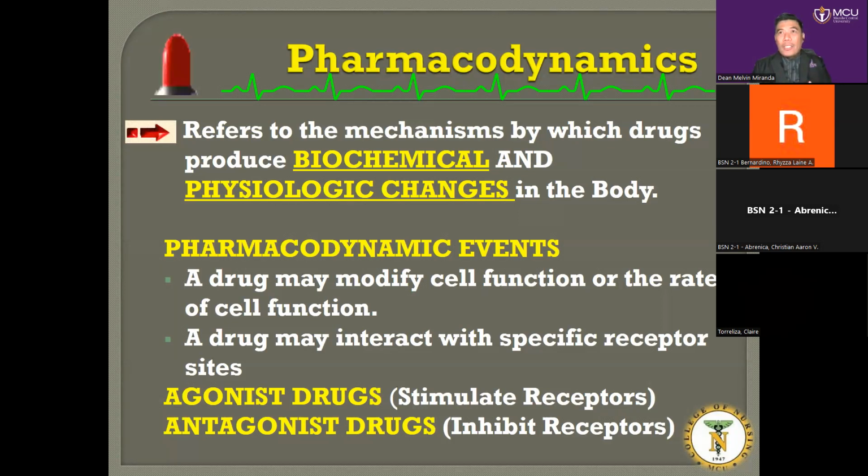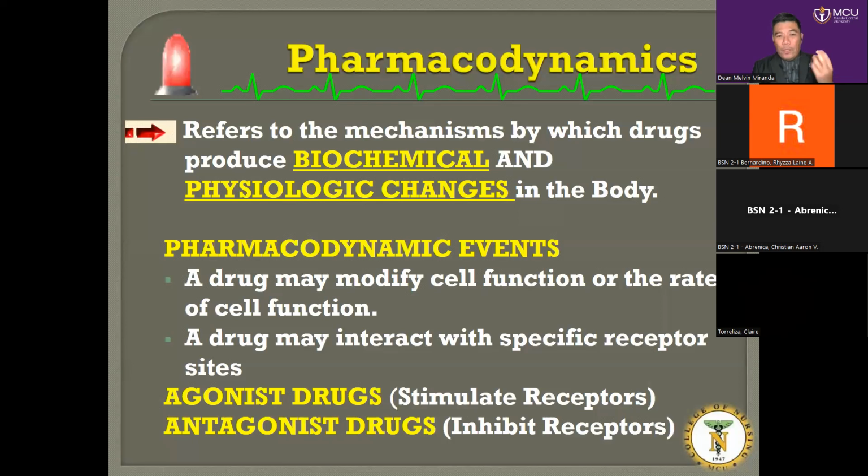If we say agonist, this considers stimulation of receptors. For example, the beta 1 receptor, we discussed, will transmit impulses or signals to the heart to facilitate contraction.